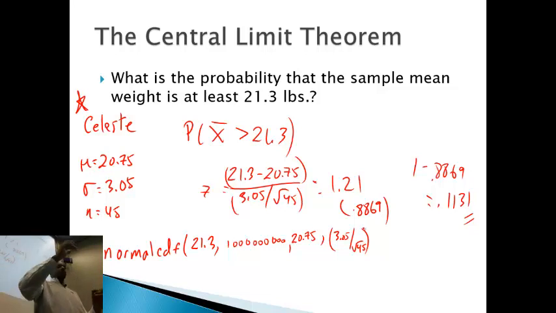Now you could do it in one separate step, 3.05 over radical 45 equals, and then plug that number in, but you can just keep it all together. 0.1132.